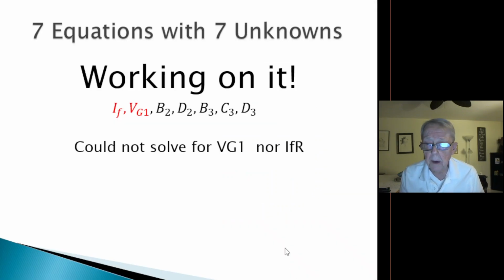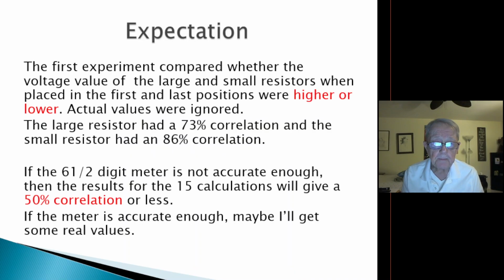Well, I had 2 circuits, one with the resistors one way, then one with them flipped. I ended up with 7 equations and 7 unknowns, and I should have been able to solve it. In general, I could solve the equations, but I could not separate these 2 terms. They hung together like glue. I could not solve the equation for VG1 nor IfR.